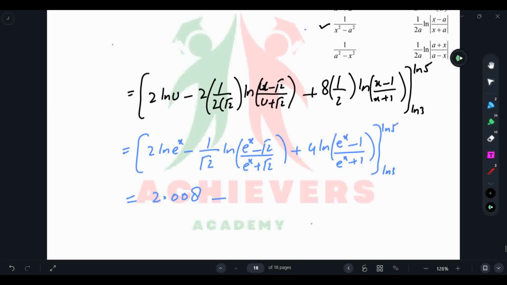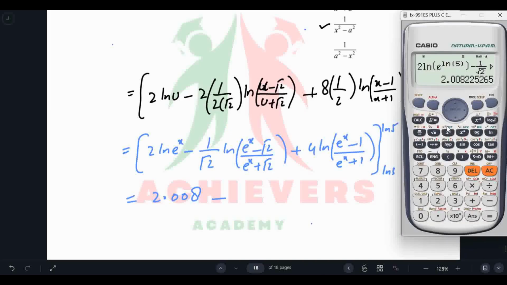Now we have to replace natural log of 5 with natural log of 3. So we will start from the very starting point.